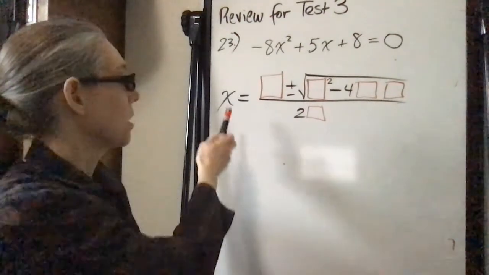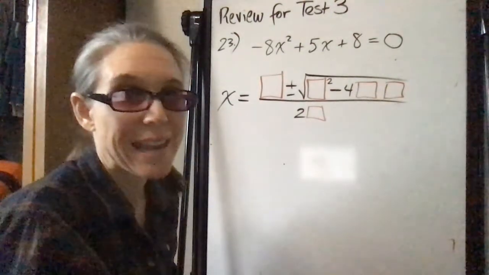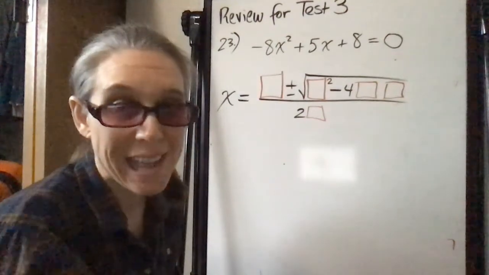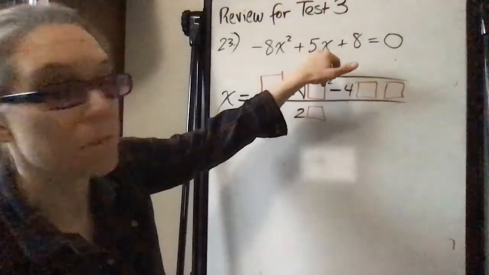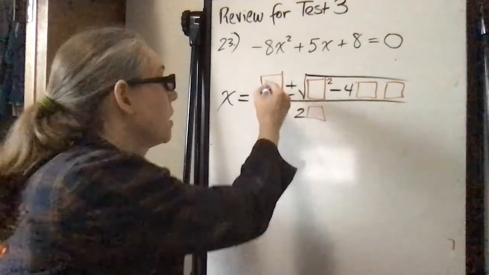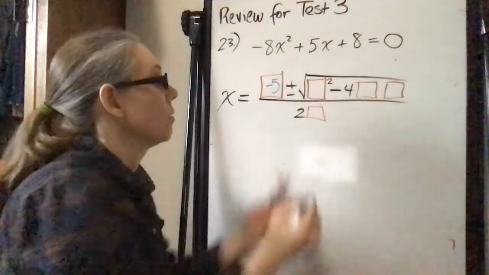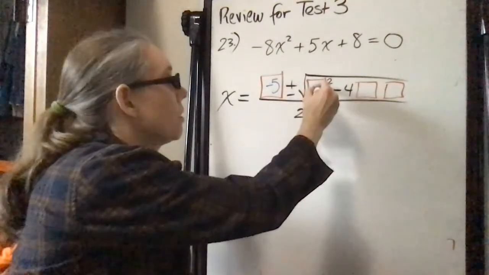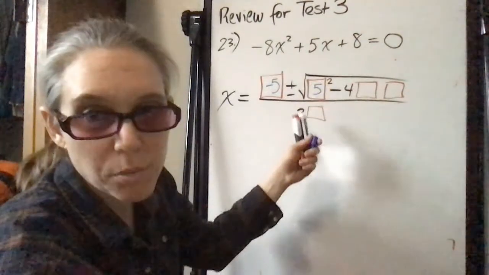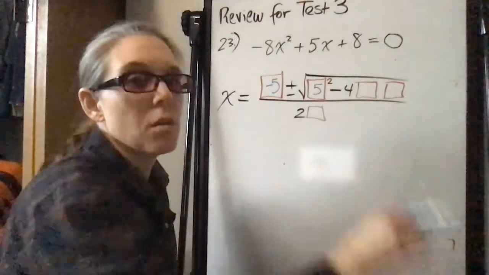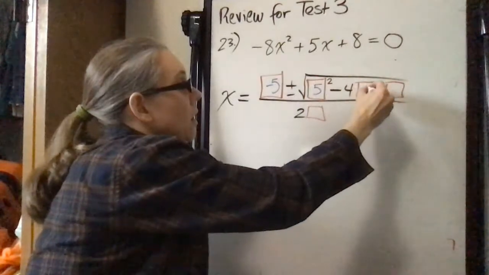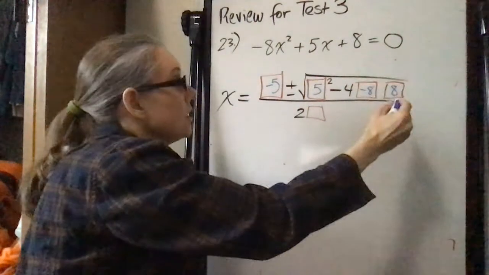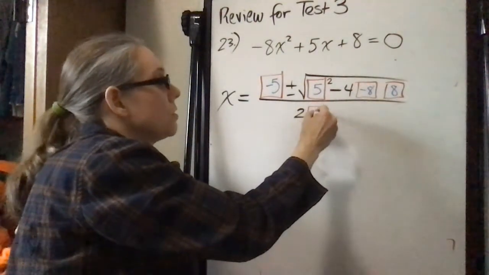The quadratic formula is x equals negative b. So negative b, instead of having a positive 5, you put in negative 5, plus or minus the square root of b squared, and you don't have to put parentheses in, I checked it, minus 4ac all over 2a.